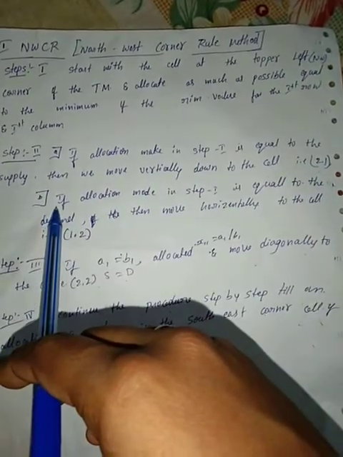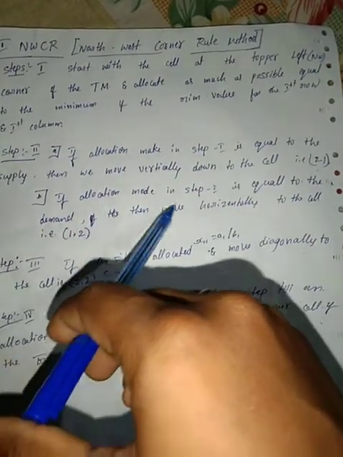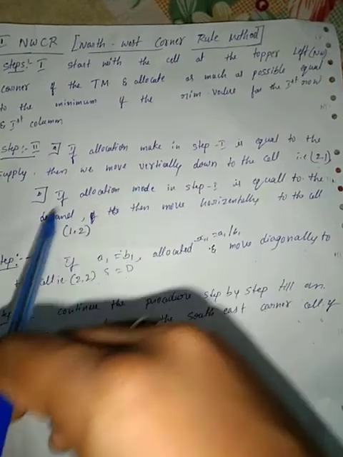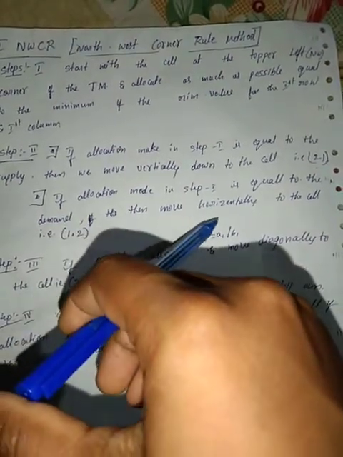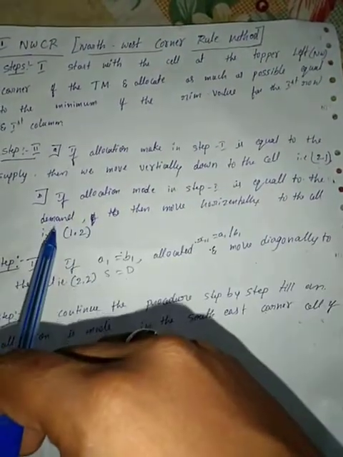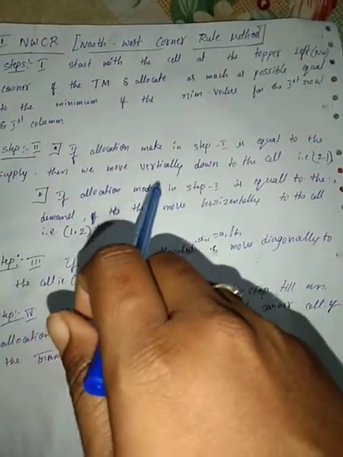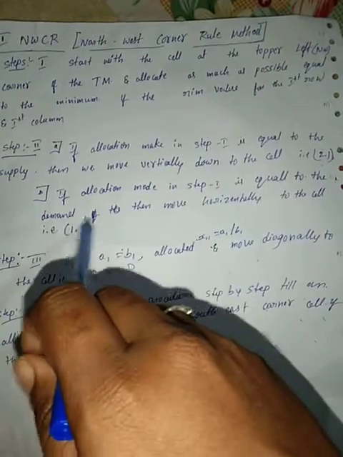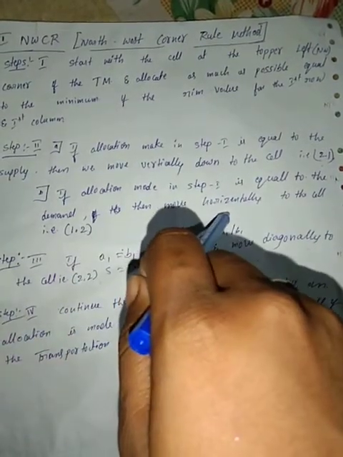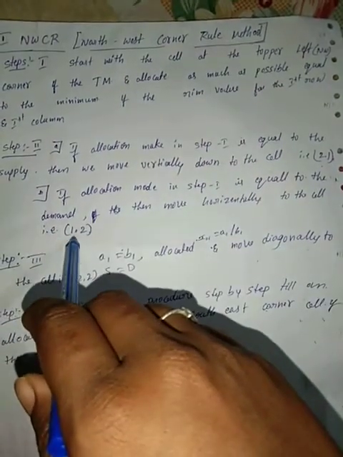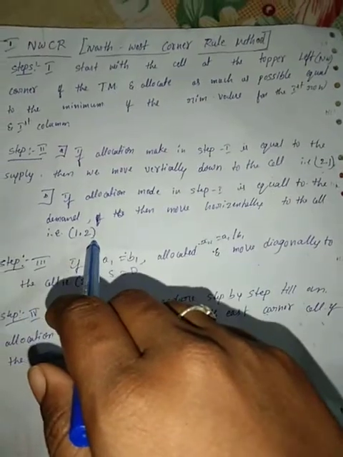In case the allocation made in step 1 is equal to the demand, then we move horizontally, that is first row second column.